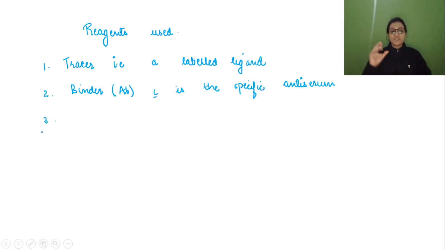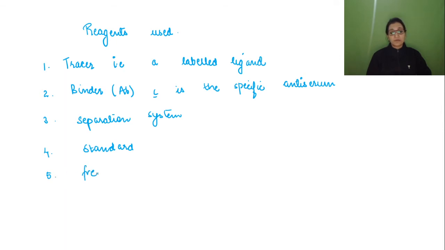Then a separation system should be there to separate the bound and free phases. Then a standard should be used, which should be in a very pure form. And free human antiserum is needed. So these are the reagents which are used in RIA.